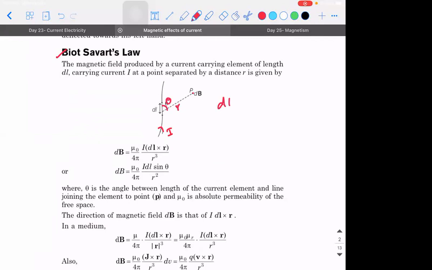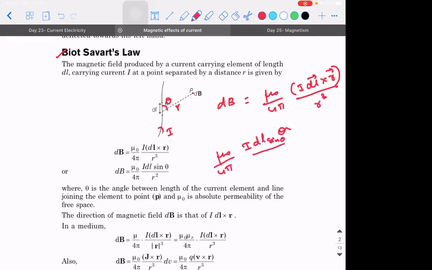Then dB is given as mu naught divided by 4 pi into I into dl vector cross r vector, the whole divided by r cube, or mu naught divided by 4 pi I dl sine theta, the whole divided by r square. That is, when you write it in the scalar form, the denominator will be r square. Whereas when you write it in the vector form, the denominator will be r cube. I hope this point is clear to you guys.